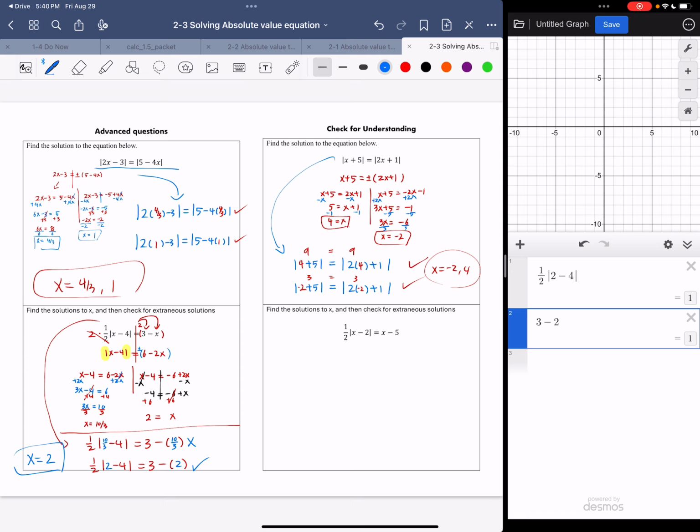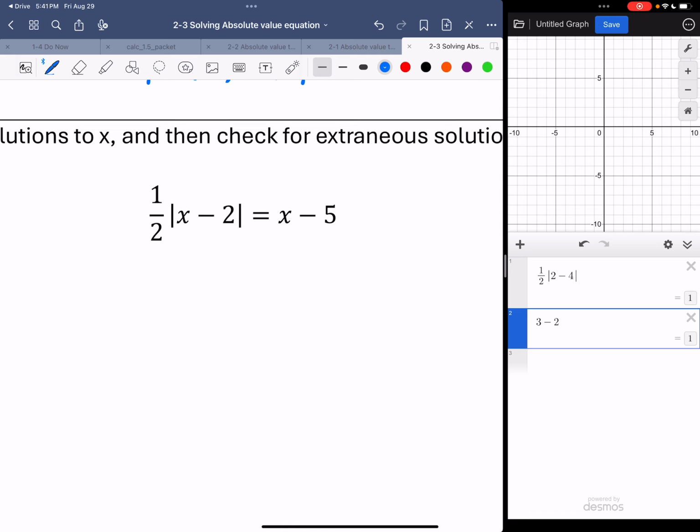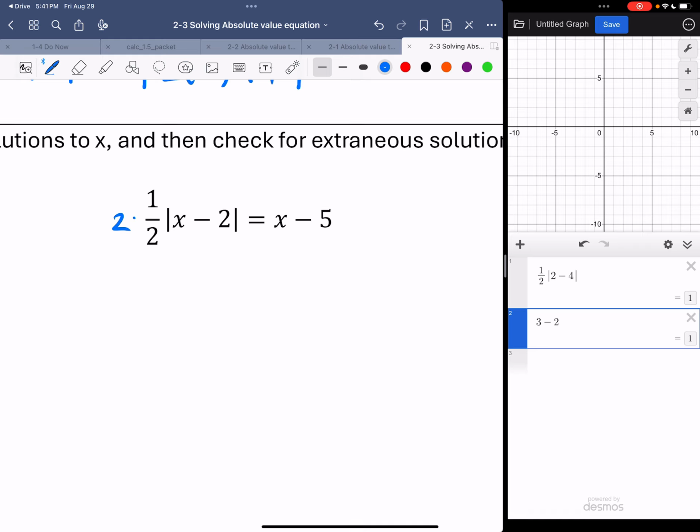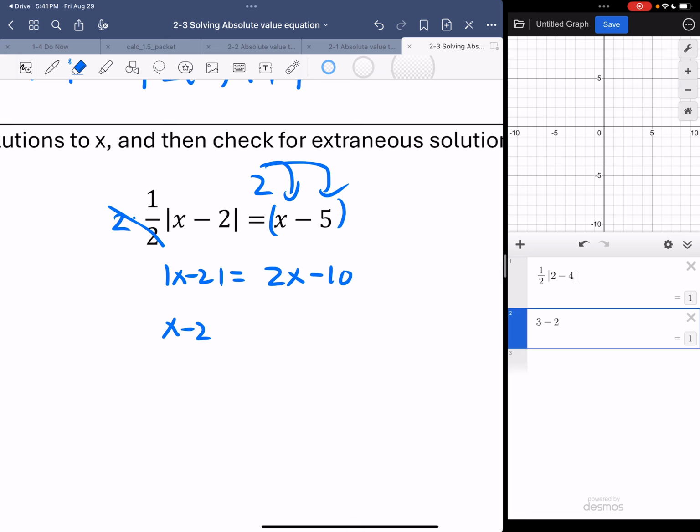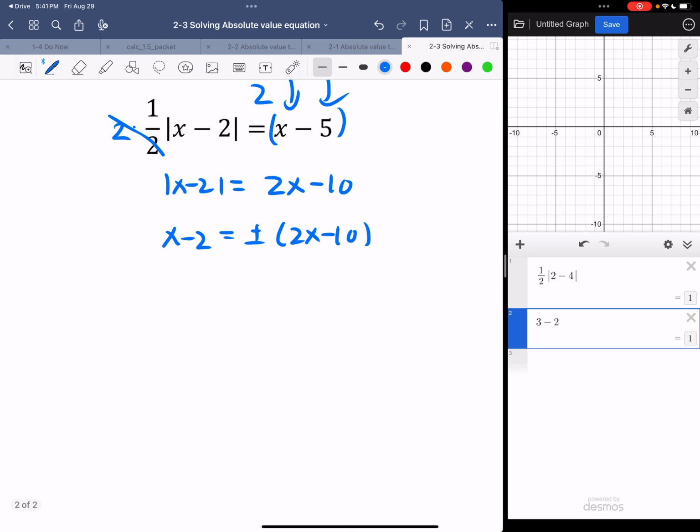Try the question on the right by yourself. Although I'd rather skip this step, I just wrote it for you.